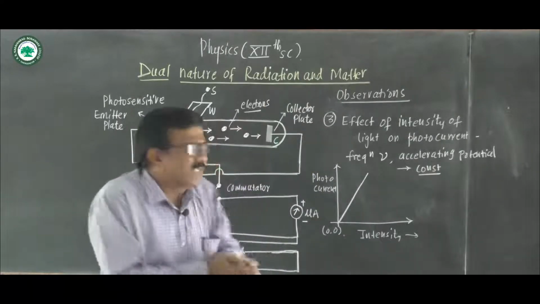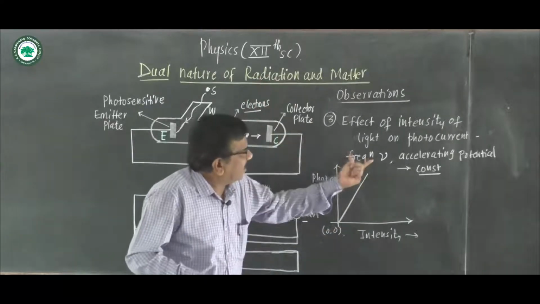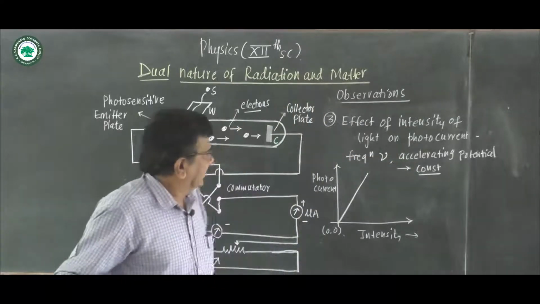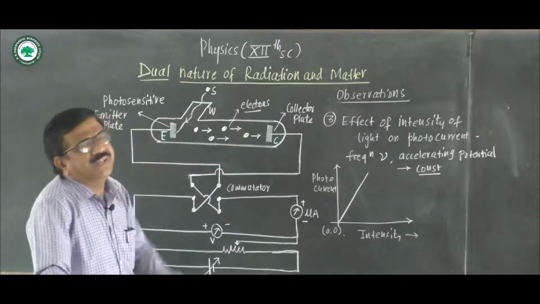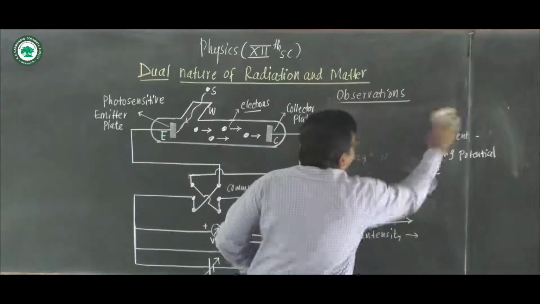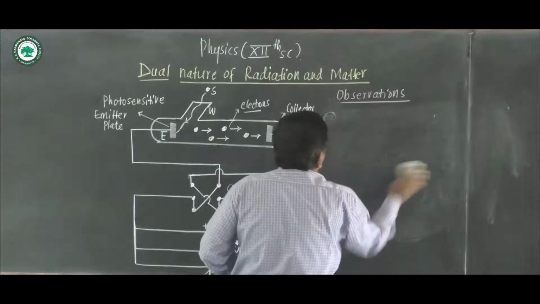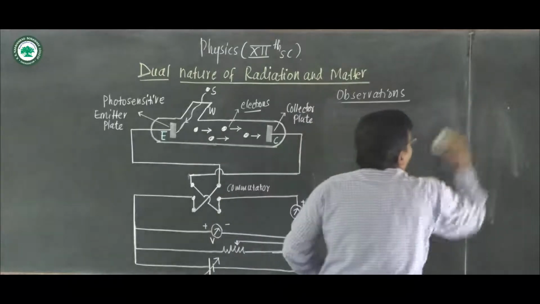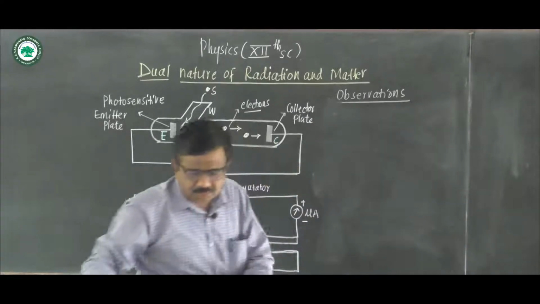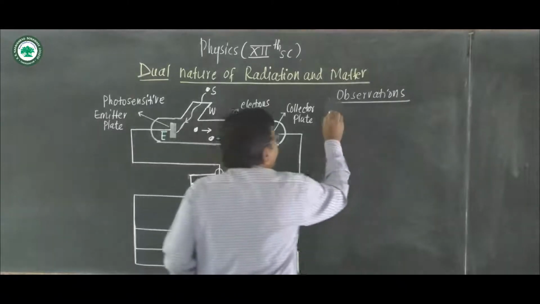Photoelectric current increases linearly with intensity if frequency and accelerating potential are kept constant. So this is our third observation in this experiment. Now see the next observation. Our fourth observation is the effect of potential difference on photoelectric current.